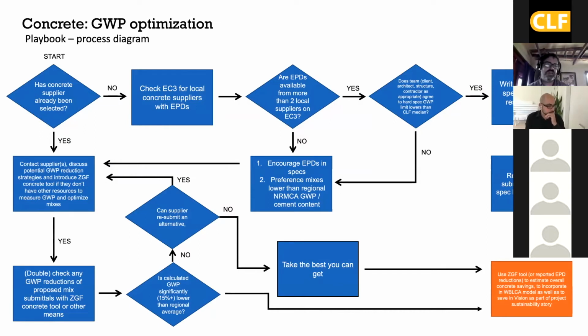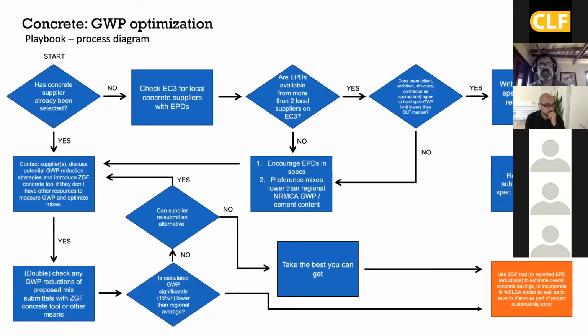Our best practice right now depends, but ideally we're starting before a concrete supplier has already been selected. In a number of cases, projects have already started, and sometimes we're coming in later, and it's a different path.